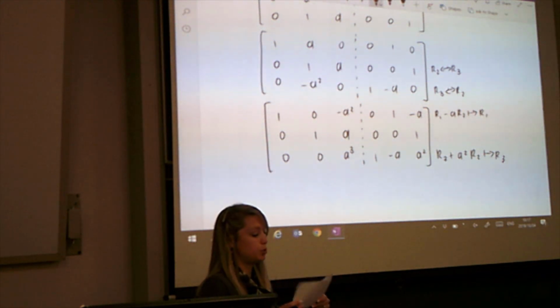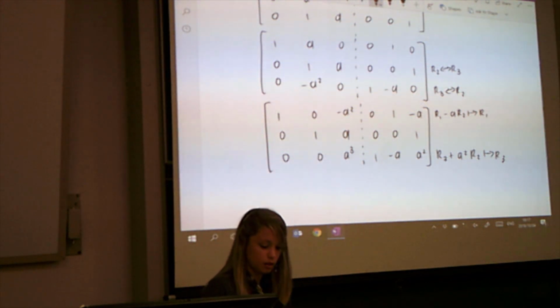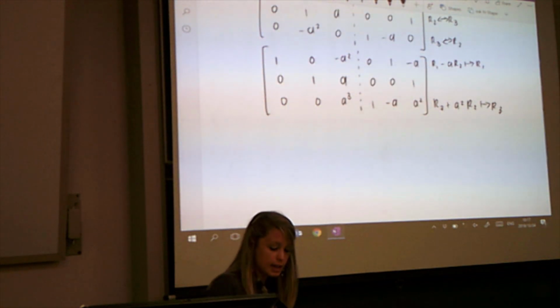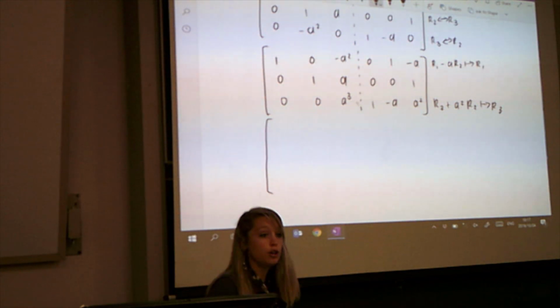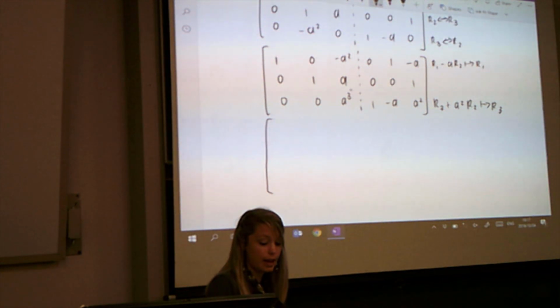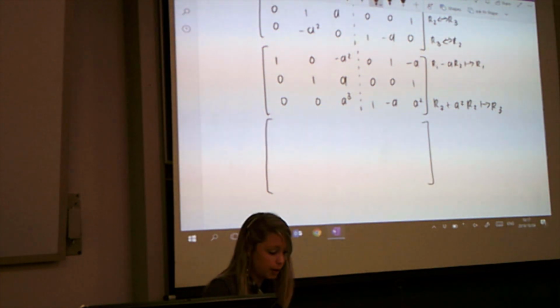Only 2 more steps, almost there. So the next thing I'm going to do is change my A cubed to a 1, so that I have my third leading one, by multiplying row 3 by 1 over A cubed.